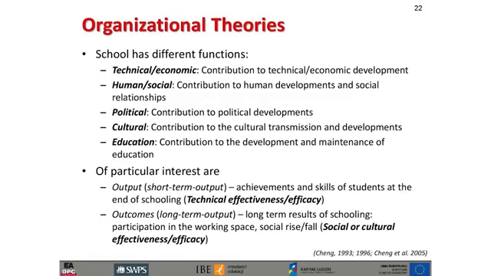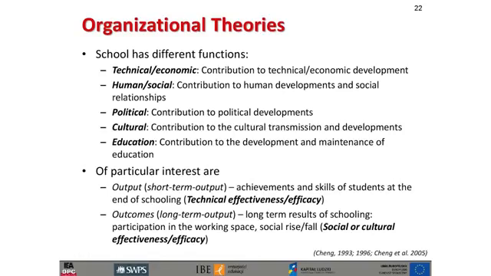I will not go into detail with that, because I just wanted to point out that school effectiveness research focuses on just two of these five different functions. In practical terms, in empirical studies, you will find most of them focused on those first two functions.